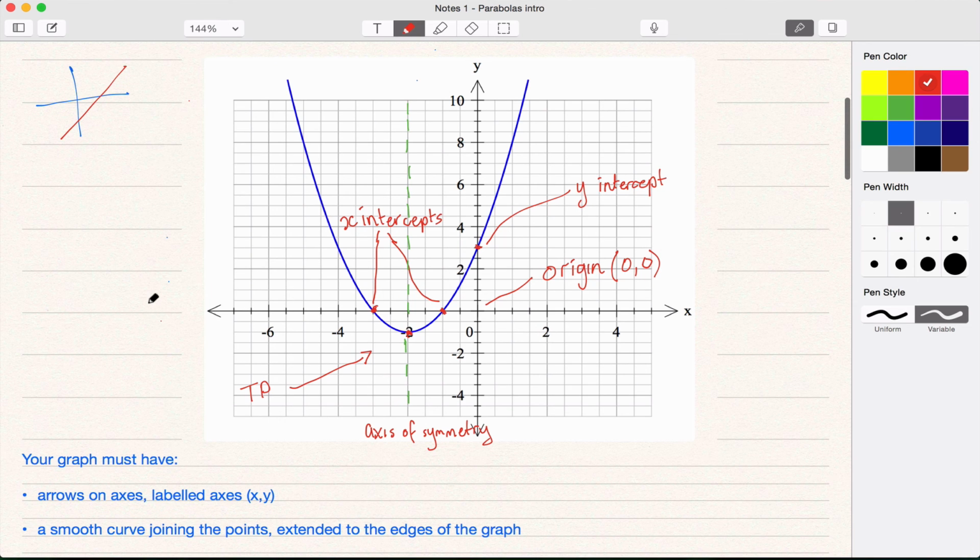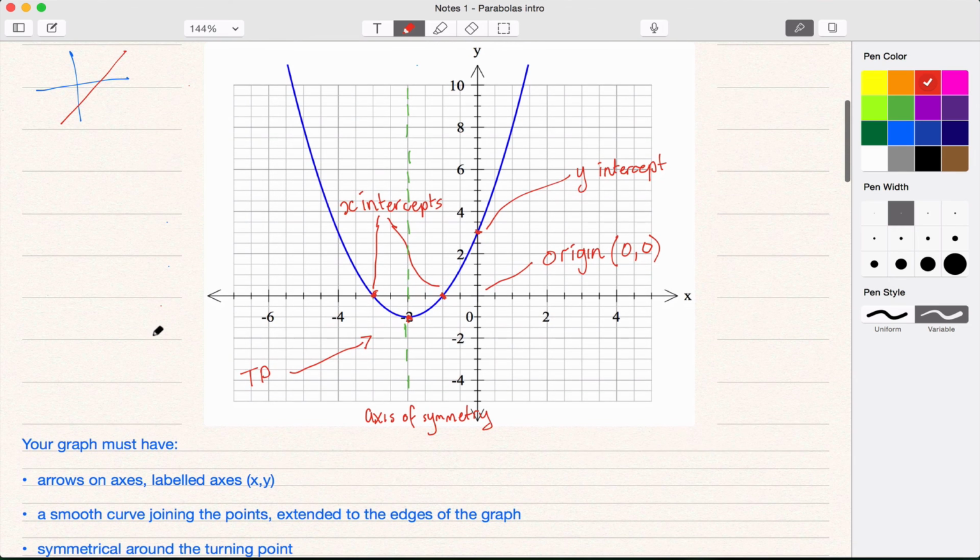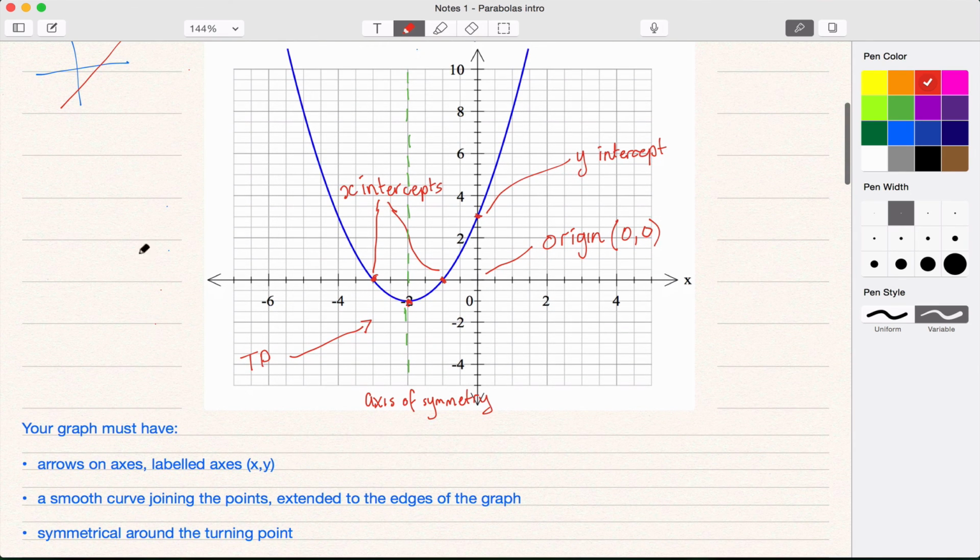Okay, when you are graphing parabolas, you need to make sure that you show the following things. I'm going to put them in green. You don't need to put any of these labels on in red, usually. But you need to label the things that are listed down here.